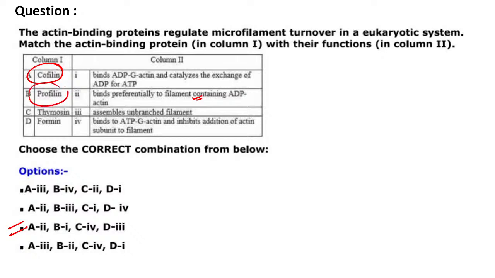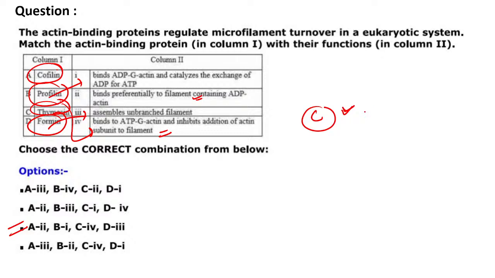Profilin binds to the ADP G actin and catalyzes the exchange for ATP. Thymosin binds to the ATP G actin and inhibits the addition of actin subunits to the filament. And formin assembles the unbranched filaments, right? Easy question. C is the correct answer for this particular question.